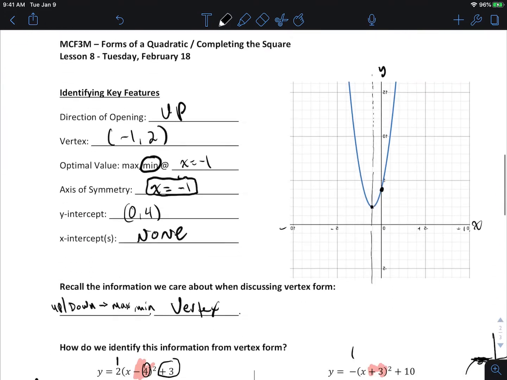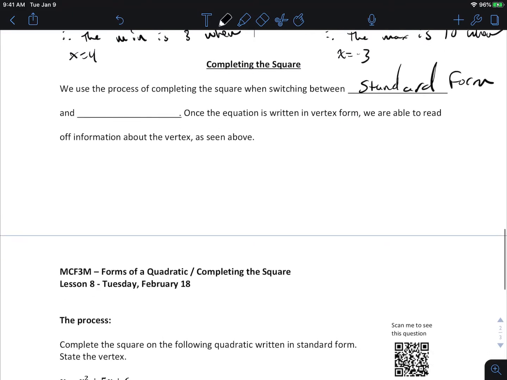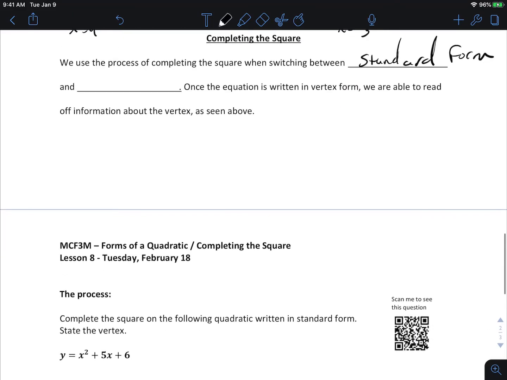Okay? That's the whole point. It's not an easy process, but I promise if you do 10 of them, you'll never mess it up. It just goes on autopilot. It's just 100% about how many of them you do. The hard part is not completing the square, it's coming up with the equations from word problems. So let's not let the completing the square piece be the problem.